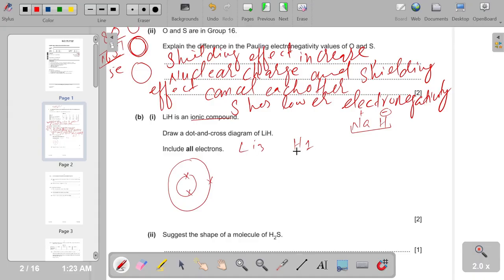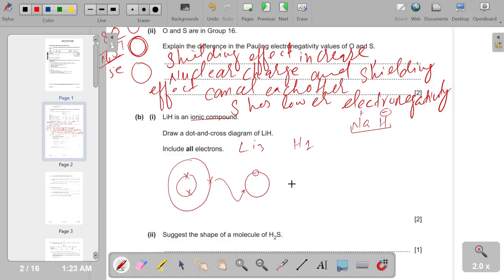Hydrogen is also from group 1, so there's only 1 electron in its valence shell. In an ionic bond, one atom, especially the metal, will lose its electron, and the other, the non-metal, will attract that electron.